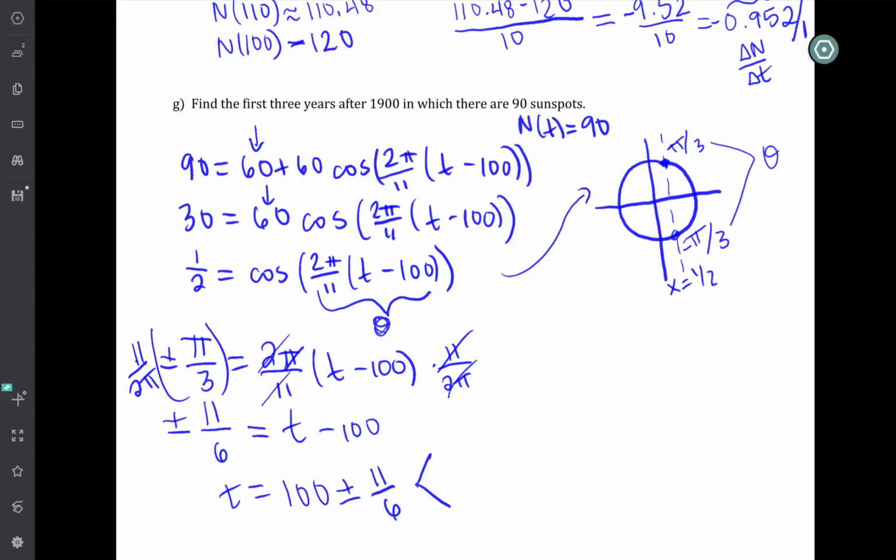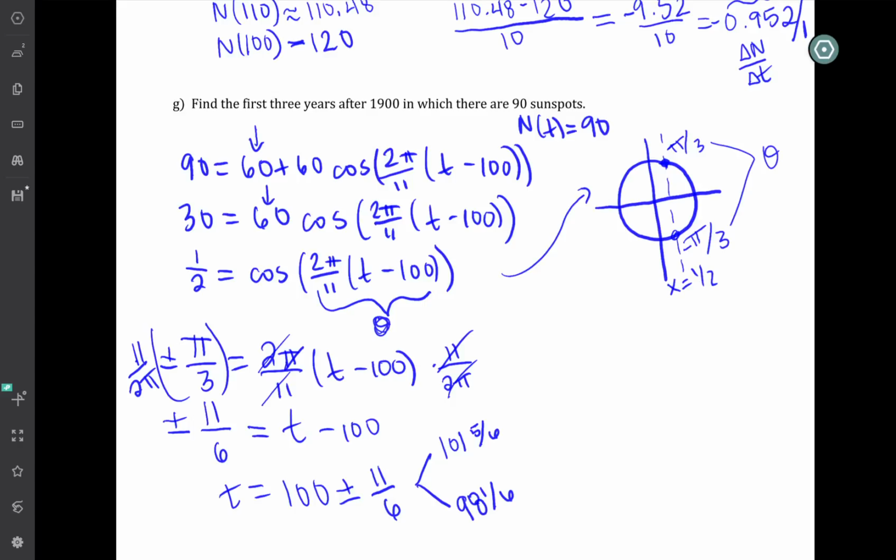It's 1 and 5/6. So we have 101 and 5/6. You will rarely see me write a mixed number, but for this one we're going to ignore it in a minute, so that's okay. And then if we subtract 1 and 5/6, we get 98 and 1/6.